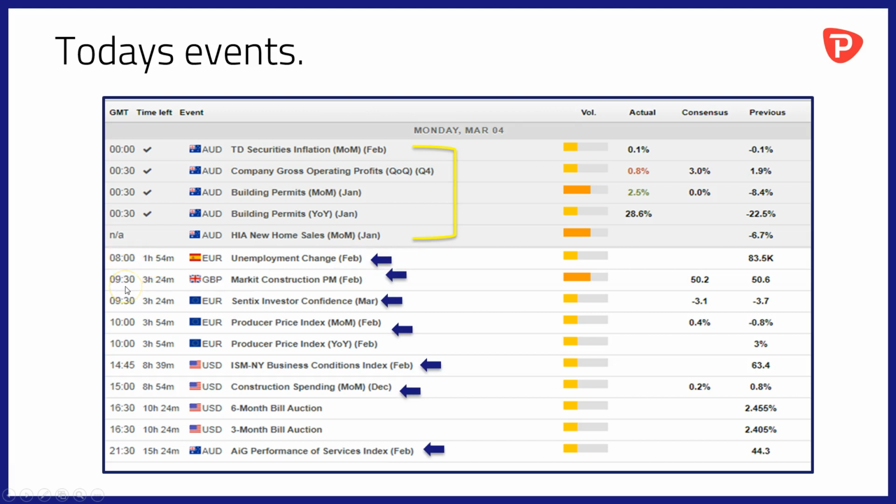We'll have at 9:30 GMT Markit construction PMI data for February from the UK, and then at 9:30 as well we'll have Sentix investor confidence data for March for the whole of the Eurozone, and then half an hour later, probably the pick of the day's data, producer price index data out of the Eurozone for the month of February.